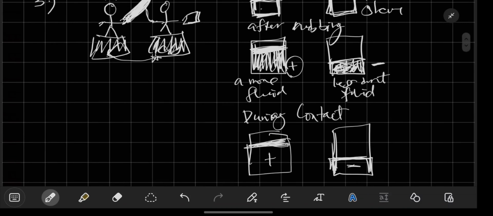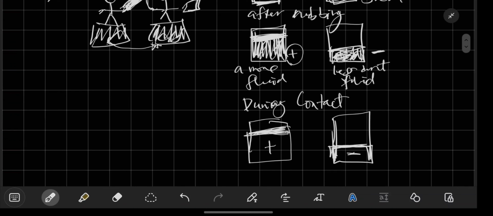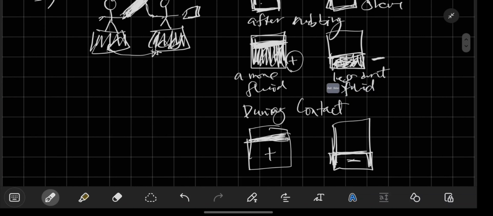And he realized that the flow of fluid electric is from this positive to negative.